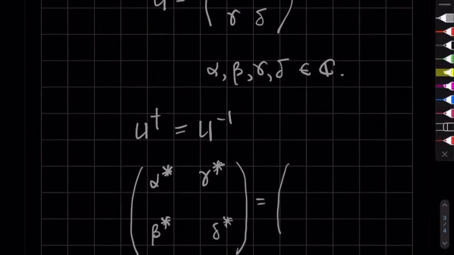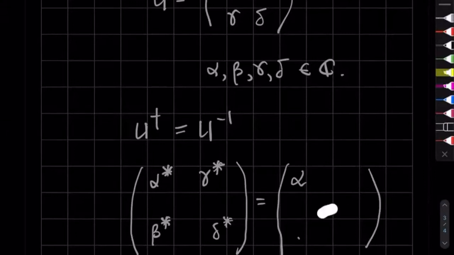And here, what do I get? I forget what I get. Does anyone remember exactly? Those elements should be swapped diagonals, and off diagonals would be negated.